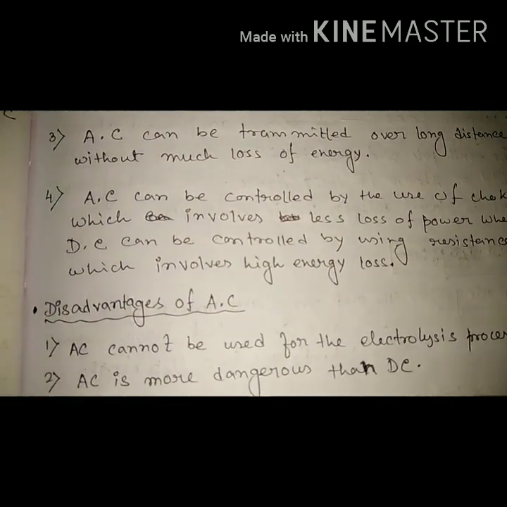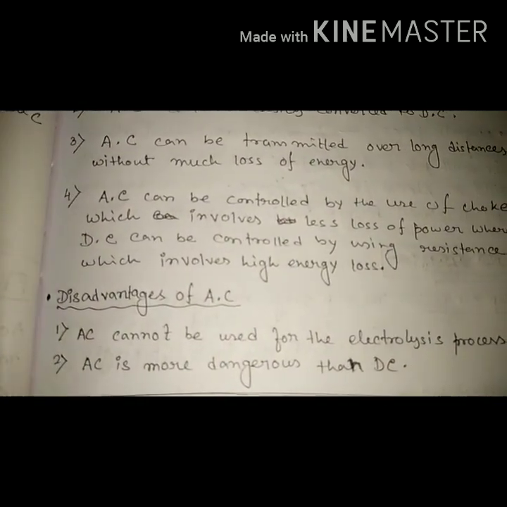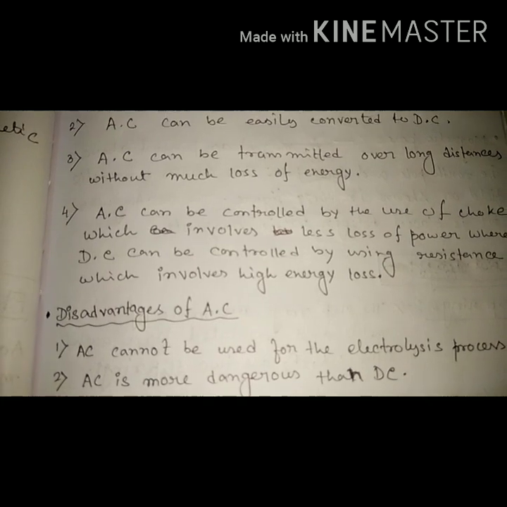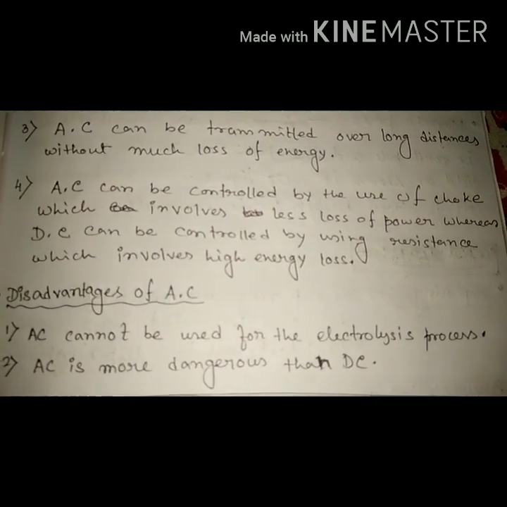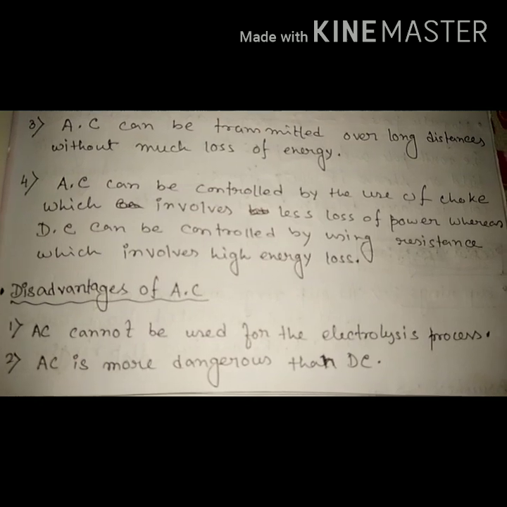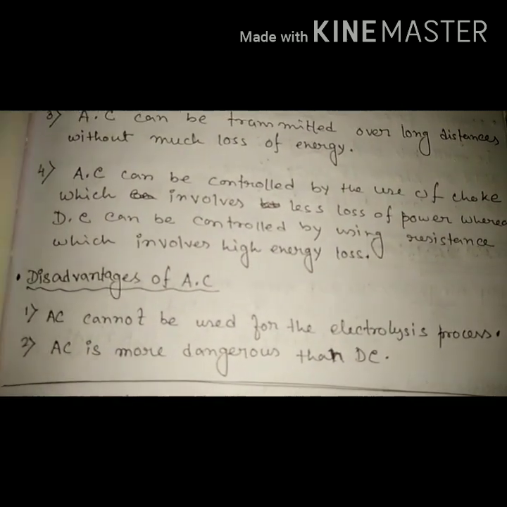But we know that everything is not 100%, and no device or anything has 100% advantages. There is one disadvantage also. The disadvantage of AC is that it is more dangerous than DC.